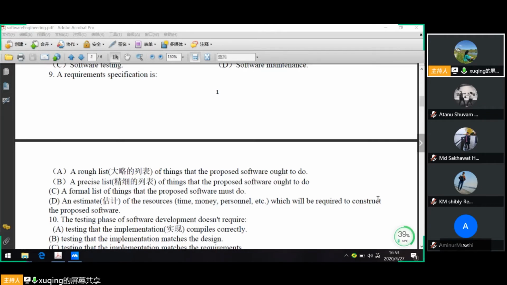But what is essential is we must know what the system must do. So it's a formal list of things that the proposed software must do. So for the 9th one, we should choose C. It's not B.